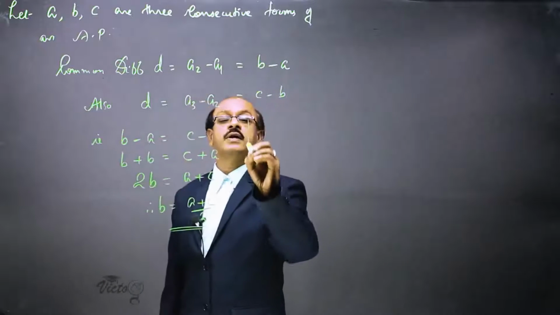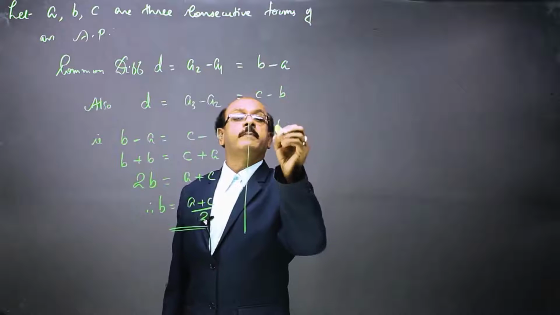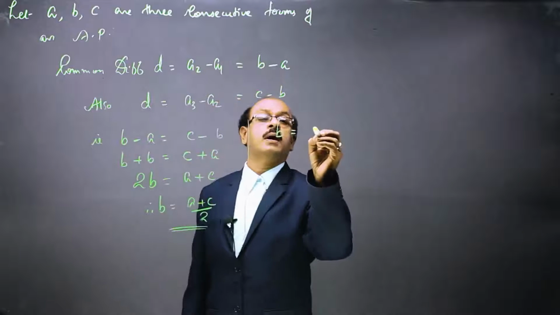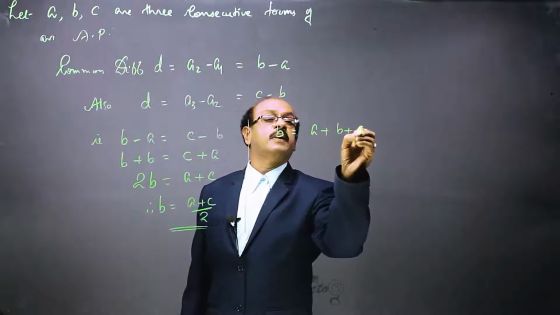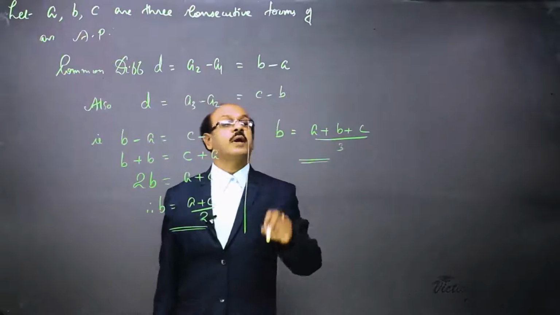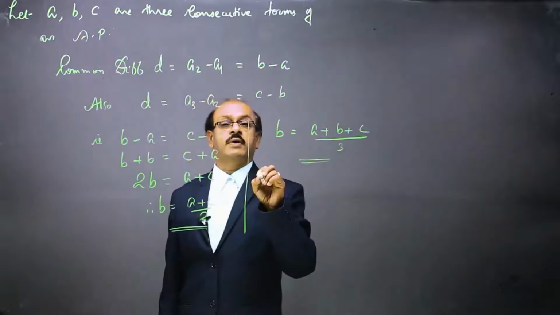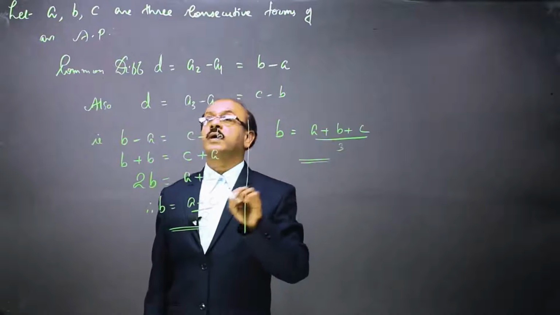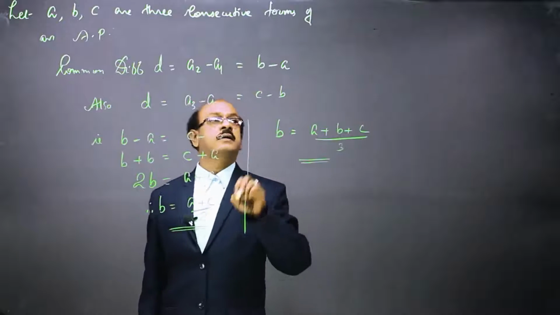Again, one more condition. Middle term B can be found by (A plus B plus C) by 3. This also can be used for finding the middle term B. The middle term B will be one third of the sum of the given three terms A, B and C.